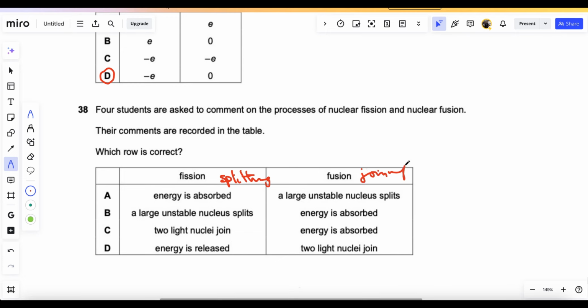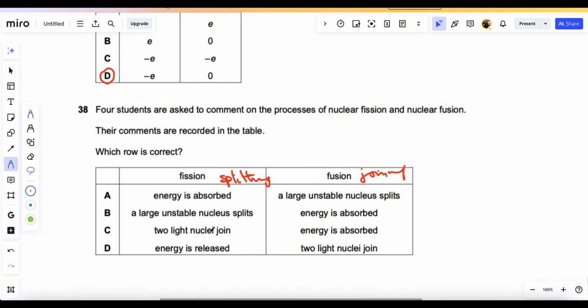Okay, so now let's see. Energy is absorbed. No, in nuclear fission, energy is released because it's splitting. This one is already wrong, right? We go to 2. A large unstable nucleus splits. Energy is absorbed. No, here, energy is released. So this one is not correct.